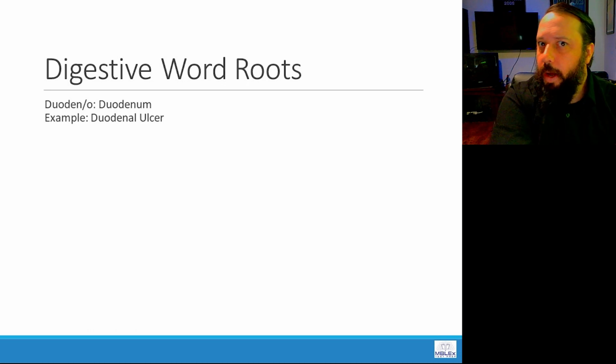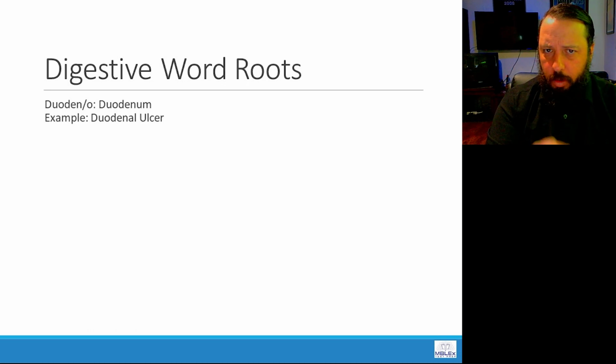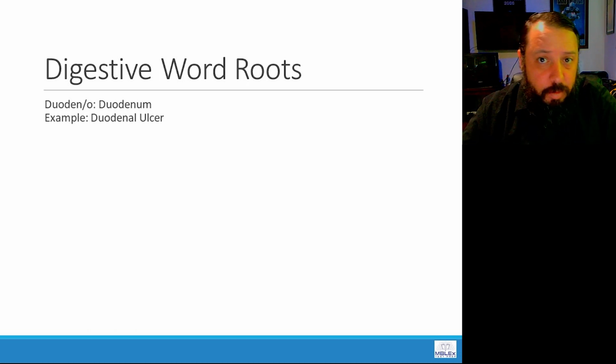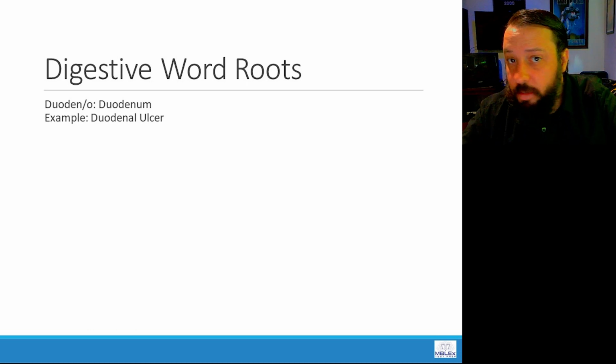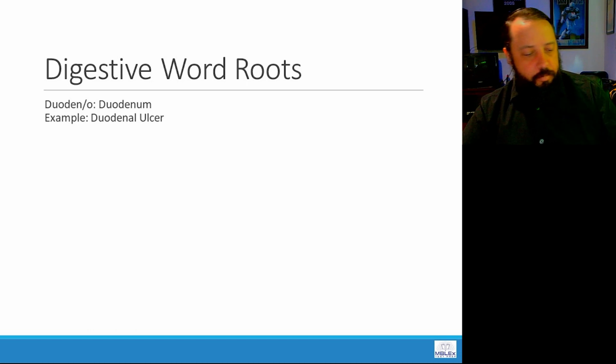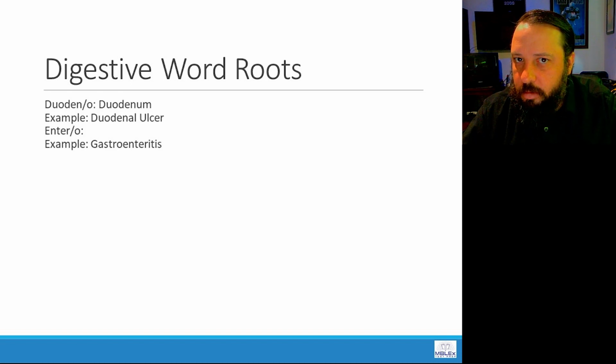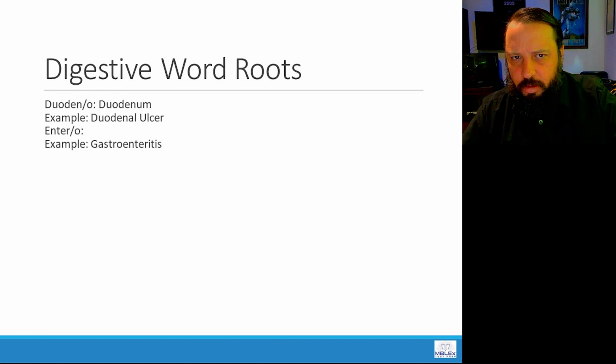So another example, duodenal ulcer, where you have an ulcer in the duodenum, kind of an open sore in the duodenum for some reason. Doesn't sound very awesome. The duodenum is the very last place that digestion occurs in the digestive system. Okay, moving on. Entero. The entero, like gastroenteritis, inflammation of, gastro means stomach. What connects to the stomach?